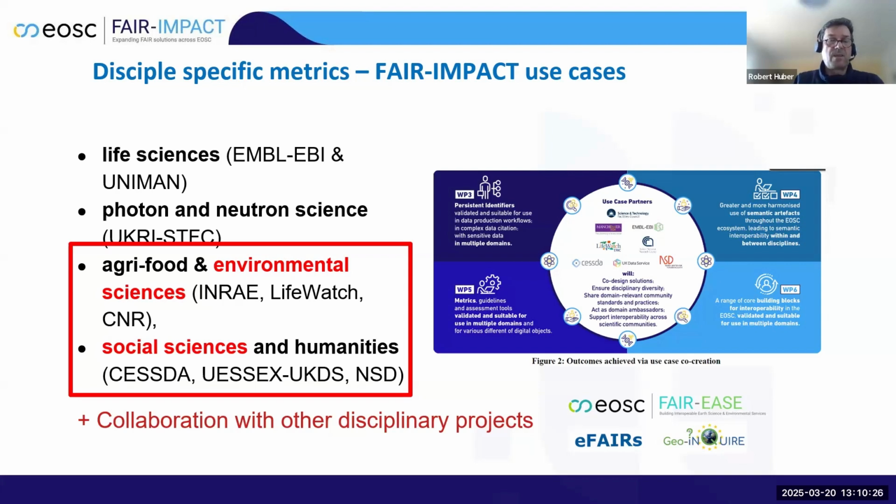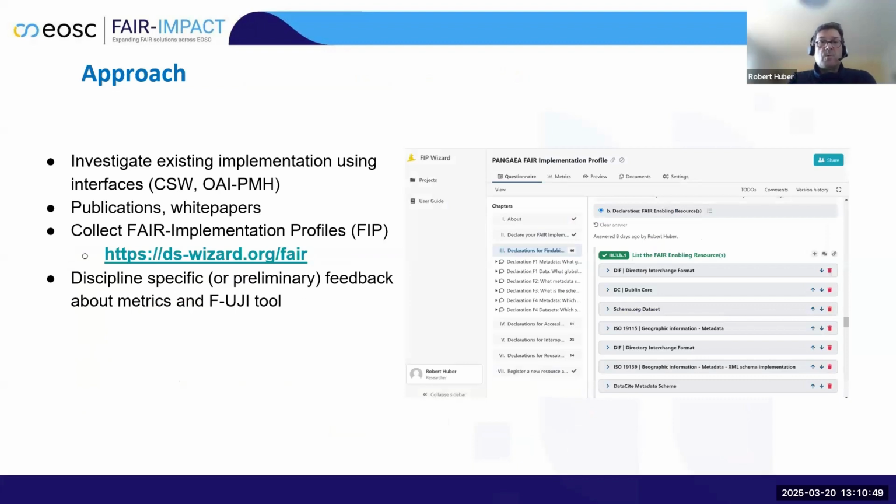In addition, we also took a look at other communities, just like the earth and environmental sciences community, for which some EOSC projects, which focus on fairness of earth and environmental data, are currently funded and running, like FAIR-EASE and so on. So our approach here was to investigate existing FAIR implementation habits or strategies of these communities.